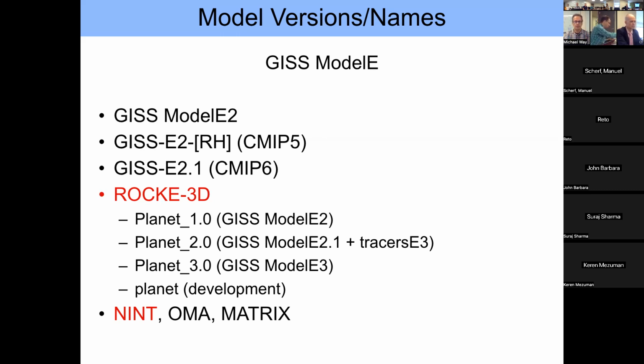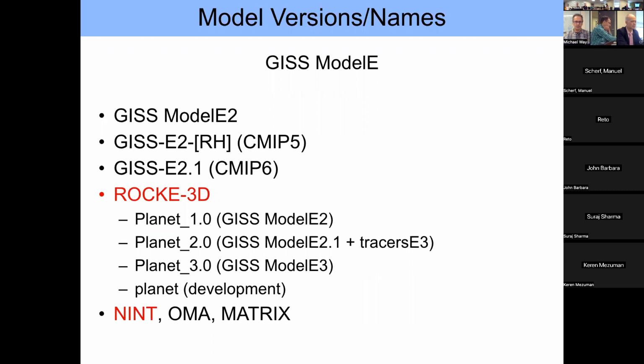Planet 2.0 that is about to be released is GISS ModelE2.1, and it contains also what we internally call the Tracer C3 branch, which is essentially some changes in the infrastructure that only affect the results by numerical noise, but also some major changes in the tracers code that we will not be discussing in this tutorial, because we will not be discussing prognostic atmospheric composition here, other than the major gases like water vapor.